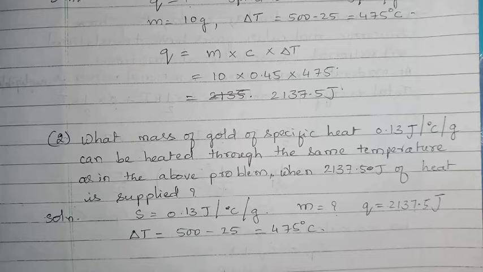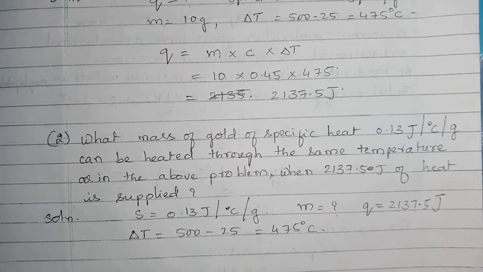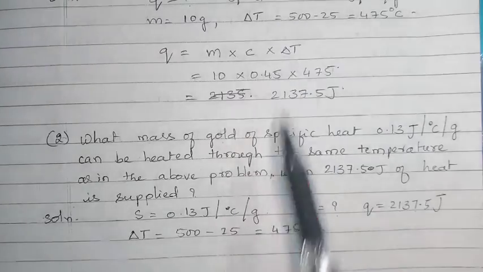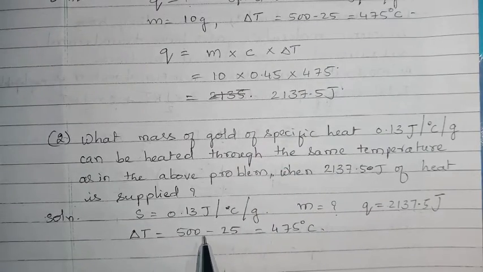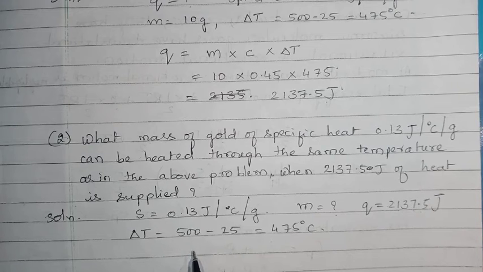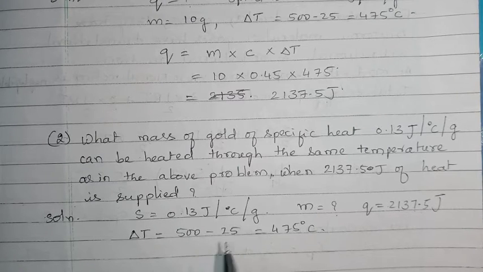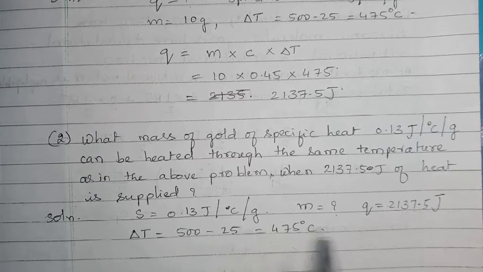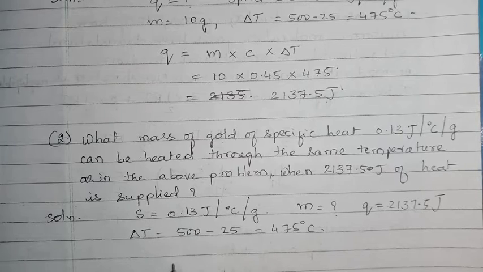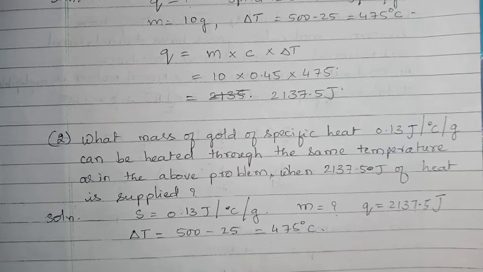So the rise in temperature of gold must be more compared to the rise in temperature of iron, but here they mentioned the same temperature, so the mass may not be equal to 10 gram, but it must be greater than 10 gram because the specific heat of gold is less.